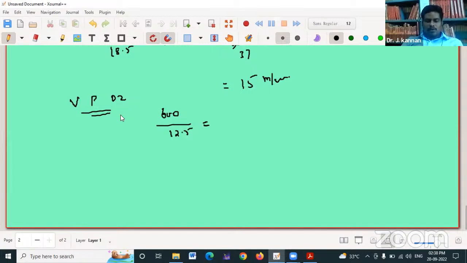And one more speed we need, vehicle B on day 1. Vehicle B on day 1 covers 736 kilometers and the time is 11.5.